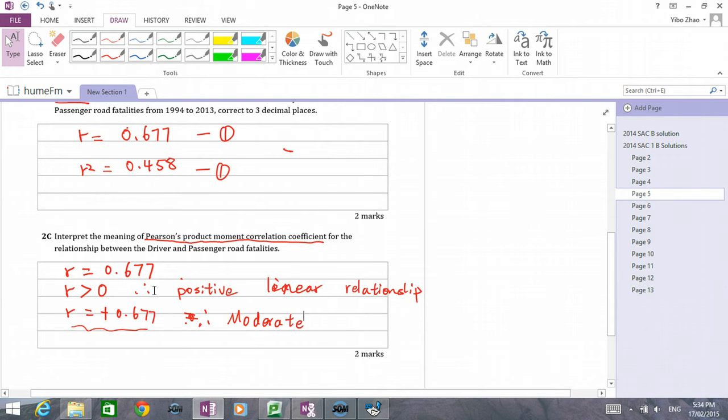So the trick with this, a lot of students didn't write this down. Now, as your teacher, I'm pretty sure you understand the meaning of R values, but you need to be able to explain it in this situation.